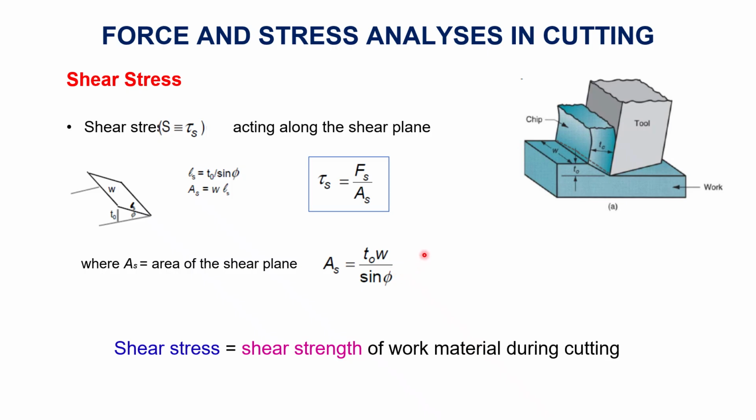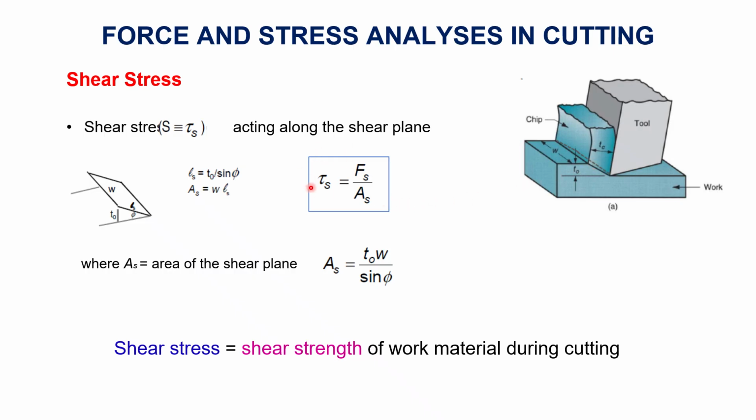The shear stress value, or tau S: if I know the length of the shear cut and the value for the width, I can calculate the area of the shear. The length of the shear is equal to t0, the initial thickness of the chip, divided by the sine of phi, the shear angle.